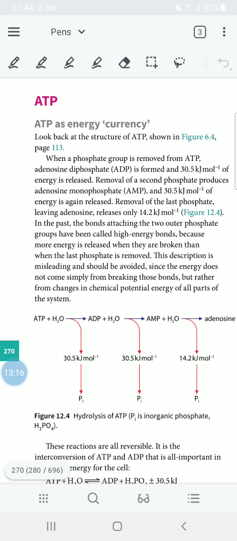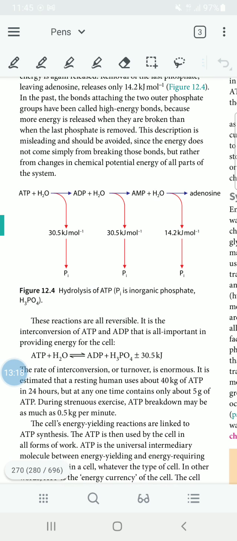And please draw this figure 12.4 diagram. You will understand it better. And also underneath that, write down this chemical reaction: ATP plus H2O, reversible sign, ADP plus H3PO4 plus 30.5 kilojoules. Then write down, a very large amount of energy is required by the body.